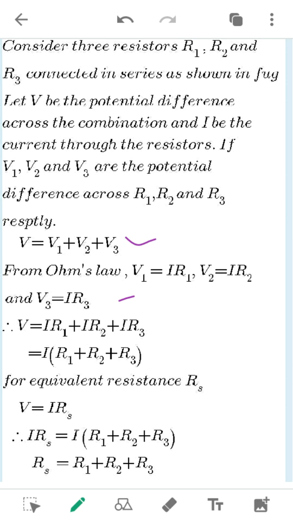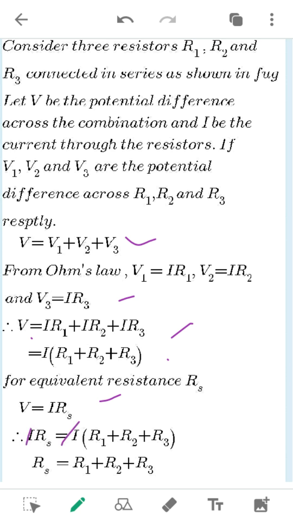Therefore, we substitute for V1, V2, V3. So V equal to I into R1 plus I into R2 plus I into R3. Here I is common, so V equal to I into (R1 plus R2 plus R3). For the equivalent circuit, V equal to I into RS. Substituting for V, I RS equal to I into (R1 plus R2 plus R3).